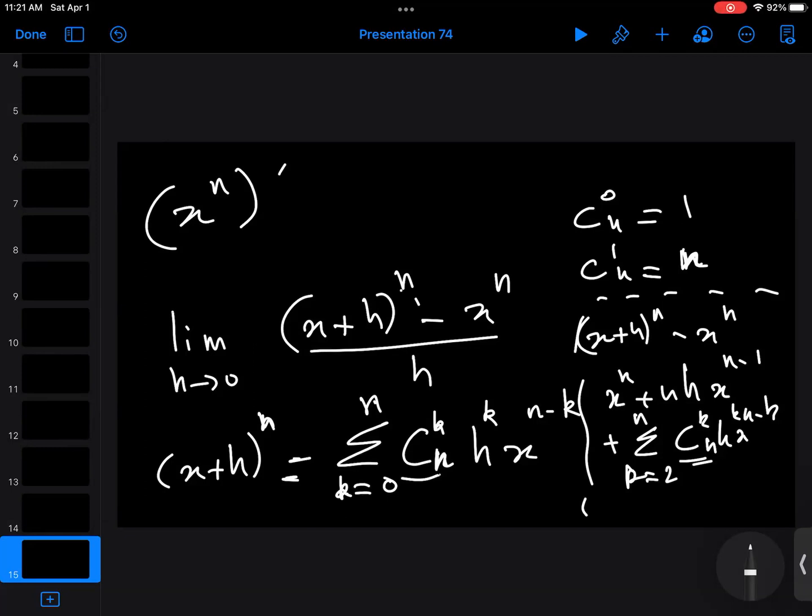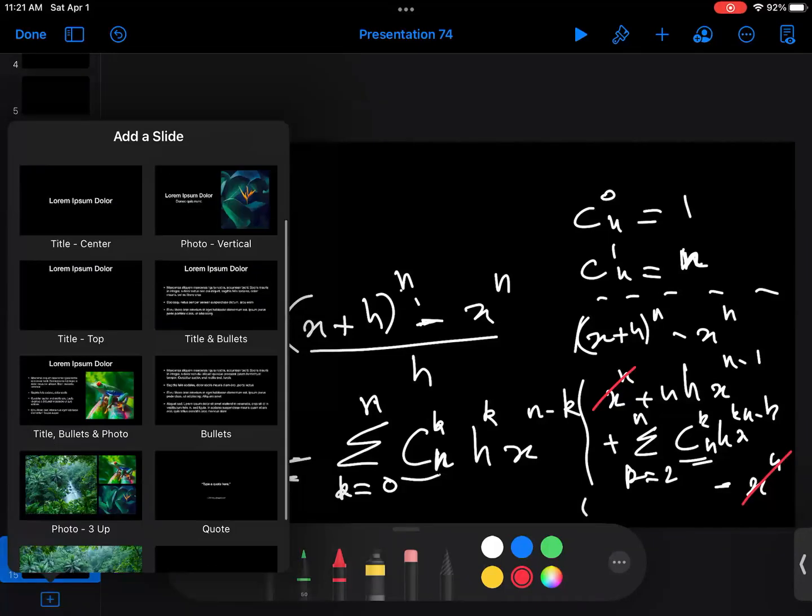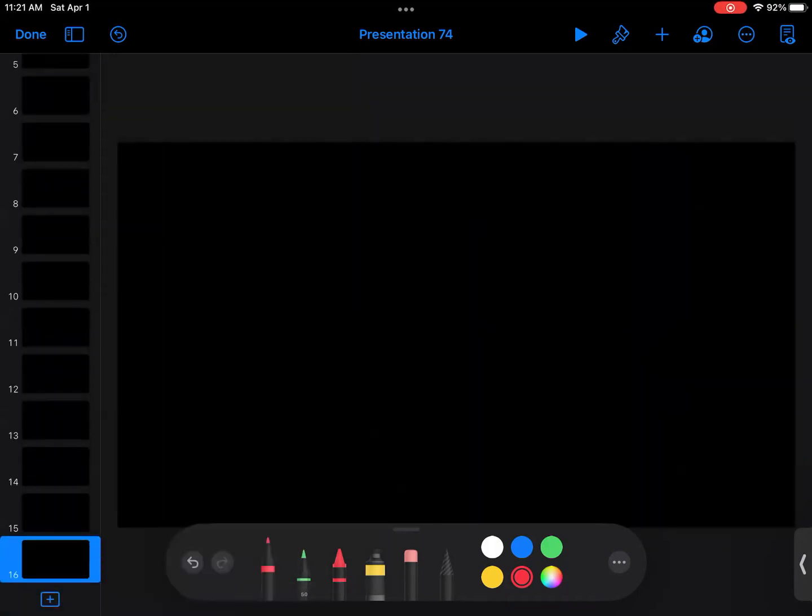Okay, and if I take out the x to the power n, this cancels. And if I divide by h, what do I obtain?